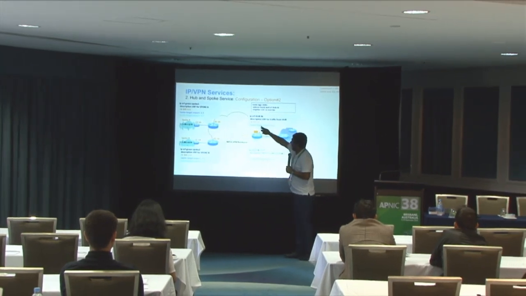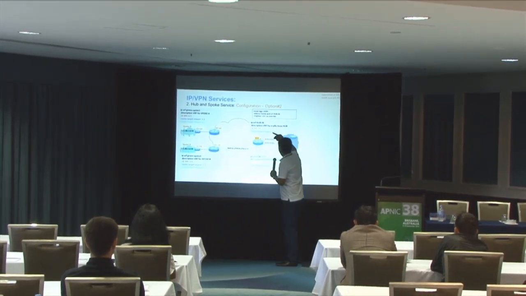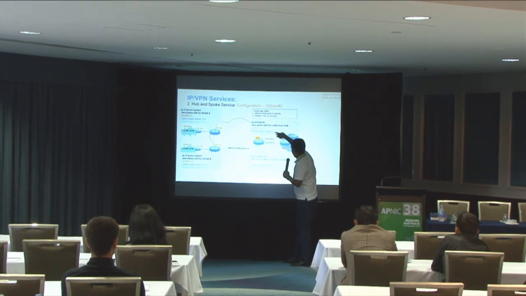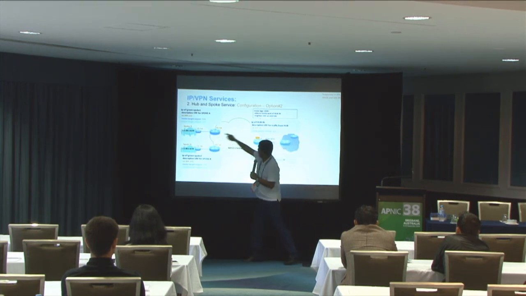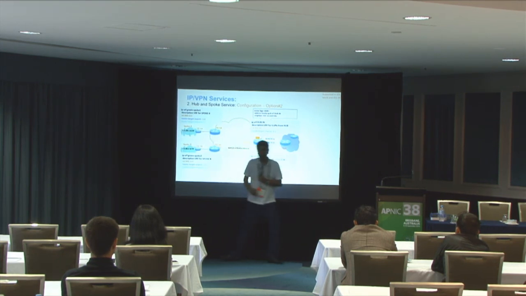So both the prefixes come in through the RT import, and then on this router both the prefixes are there. When he's sending via the other link on the second VRF, we are using export 2.2. Both prefixes are sent from here, and they are doing import 2.2, import 2.2.